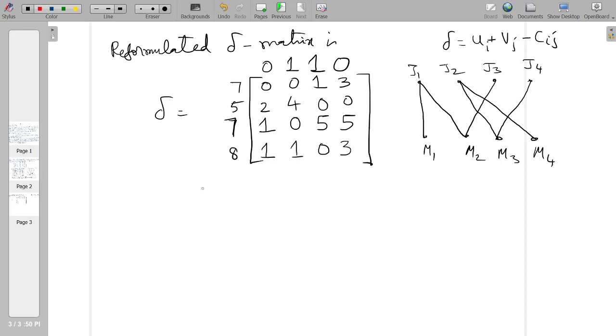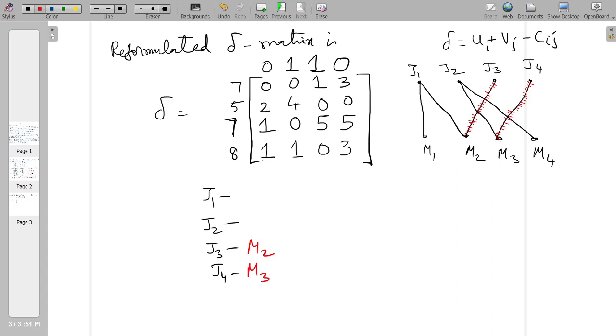Okay, so now I think I have a possibility of an assignment of one job to one machine. So first what I do is, because J3 is incident with a single edge, I first fix J3 with M2. Similarly, J4 is incident with a single edge, therefore I assign J4 with M3.